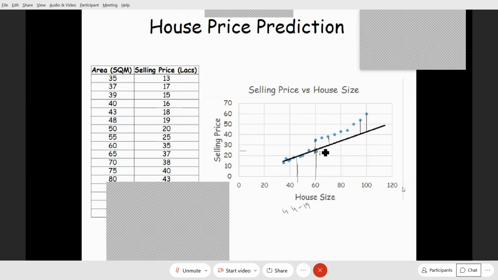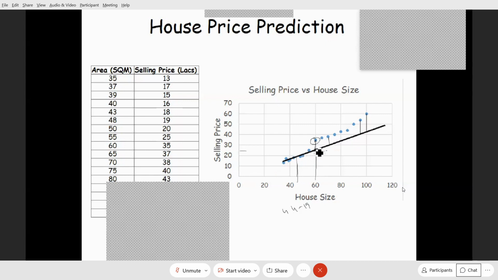So what is my goal? My goal is that my estimation should be as close as possible to the real answer. This is why it is known as supervised. The real answers are also given, and the answers that we are likely to get on this line are these points.